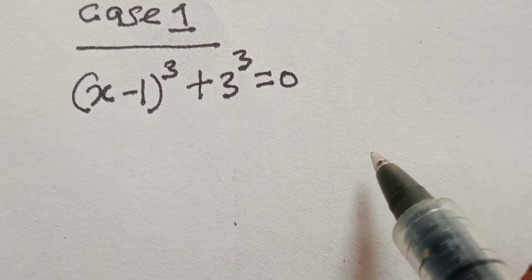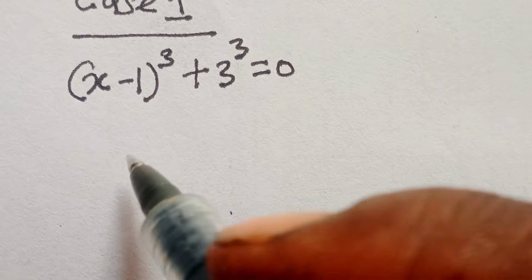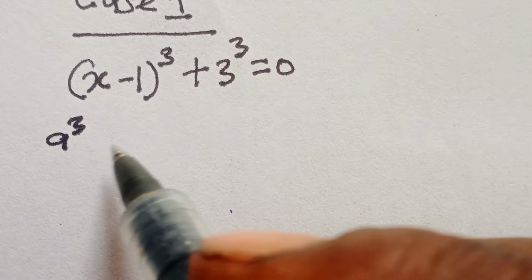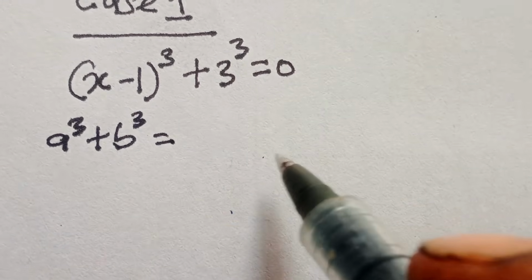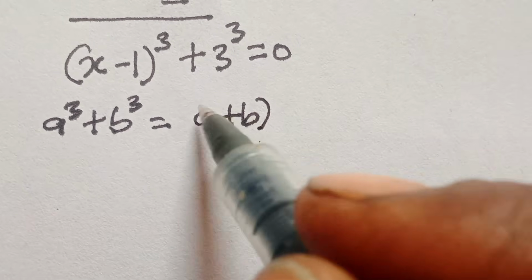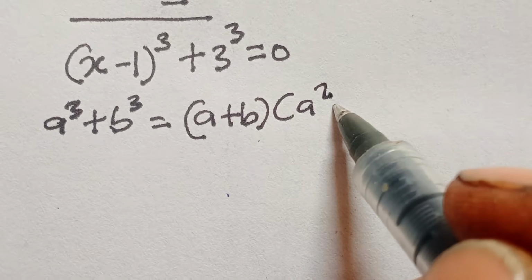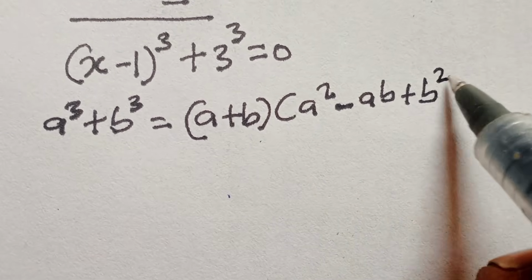That's our case 1. From our case 1, don't forget, when we are to expand a raised to power 3 plus b raised to power 3, we'll be having (a plus b) into (a squared minus ab plus b squared).